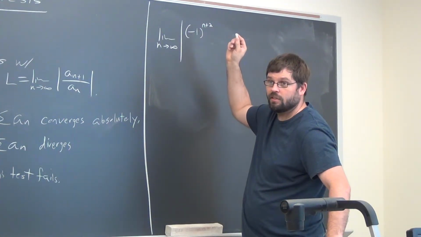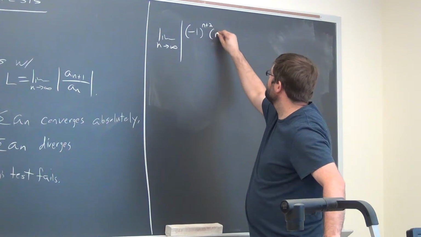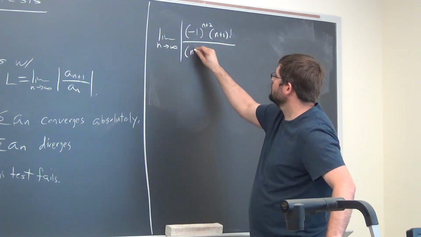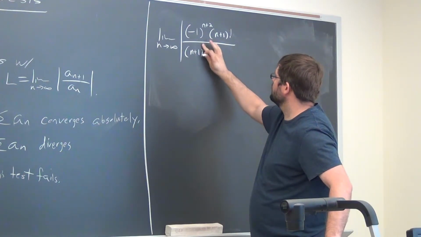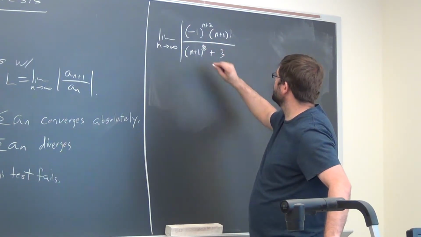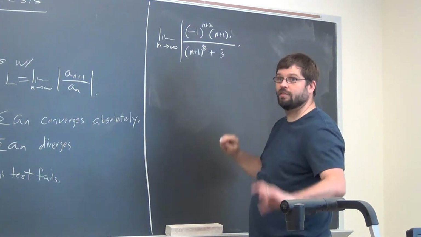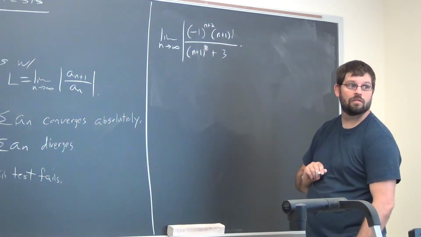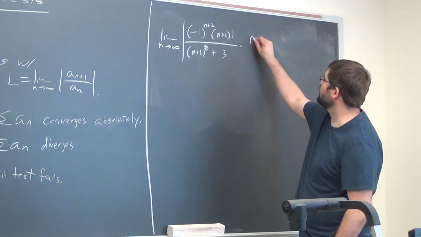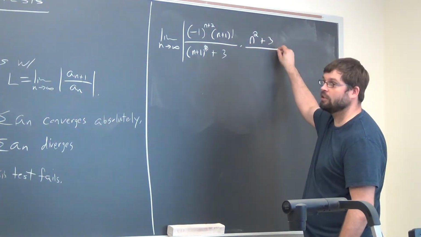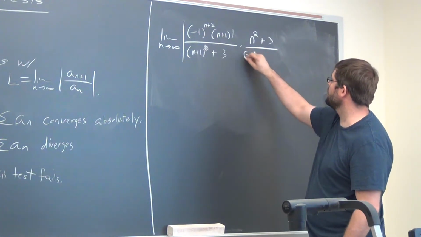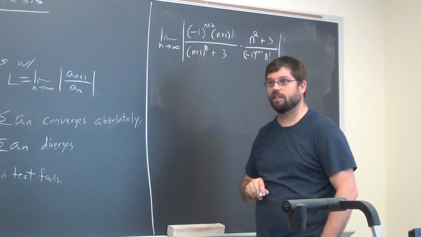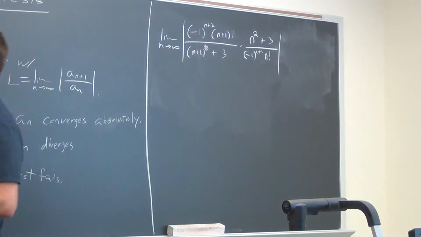And then n plus 1 factorial, all over n plus 1 squared plus 3. And then times the reciprocal of that, so n squared plus 3 over negative 1 to the n plus 1, and then n factorial. Does that make sense? So just flipping this over.